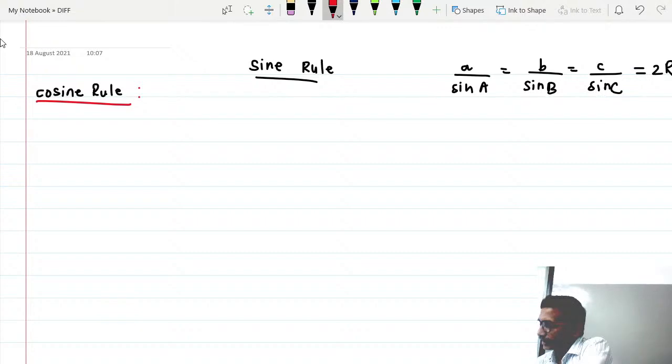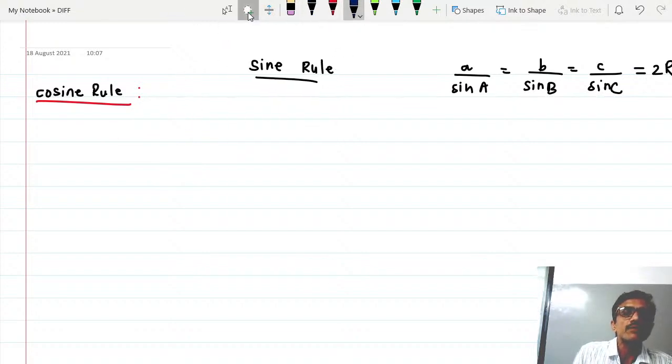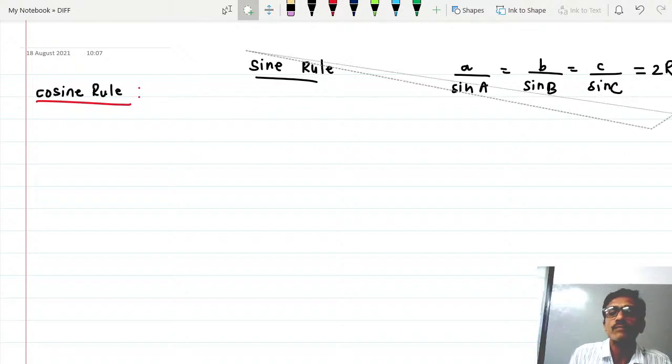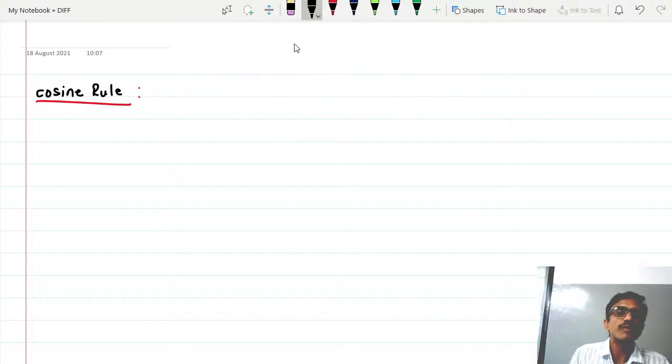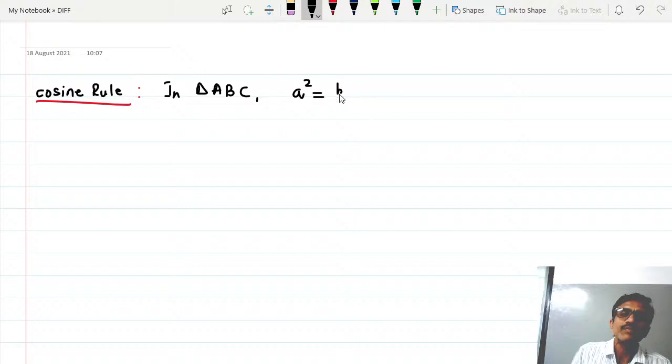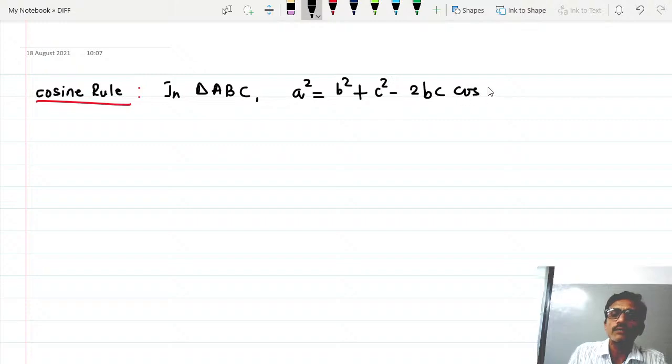In any triangle ABC, A square is equal to B square plus C square minus 2BC cos A. This is cosine rule.